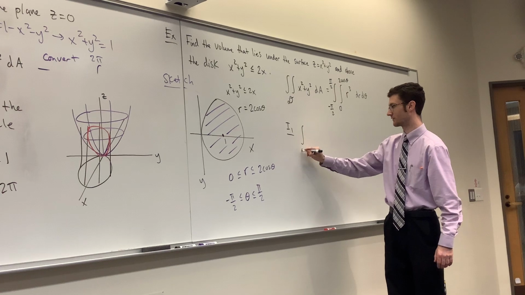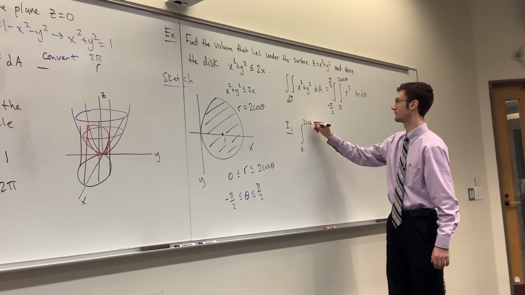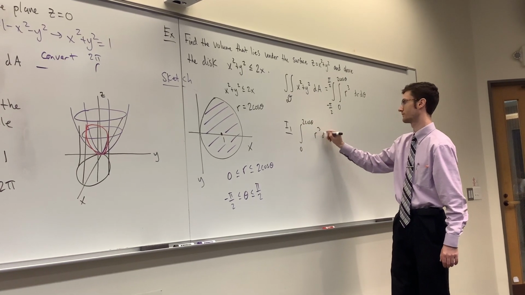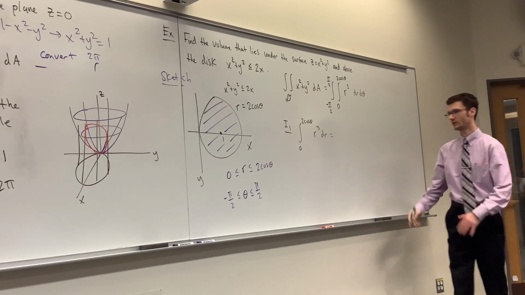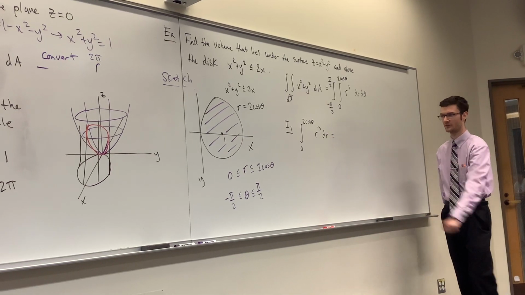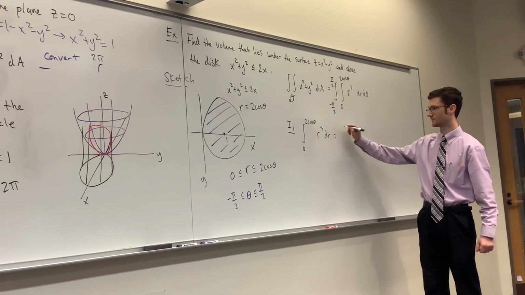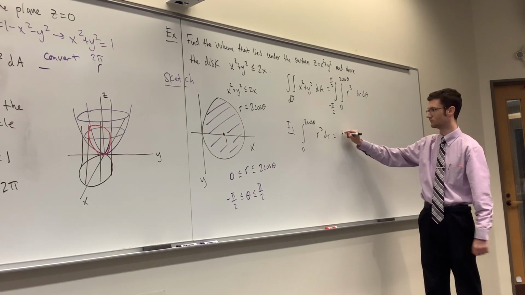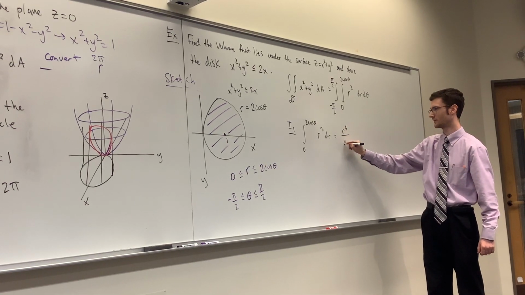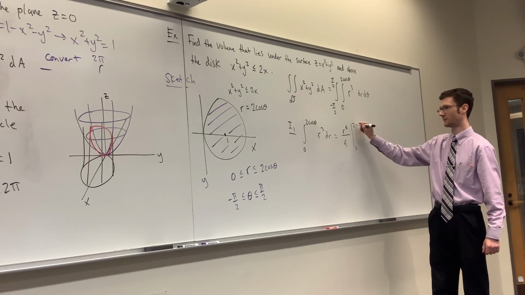So our inner integral. This is no problem. What's the antiderivative of r cubed? r to the 4 over 4. You see how this is going to get ugly?